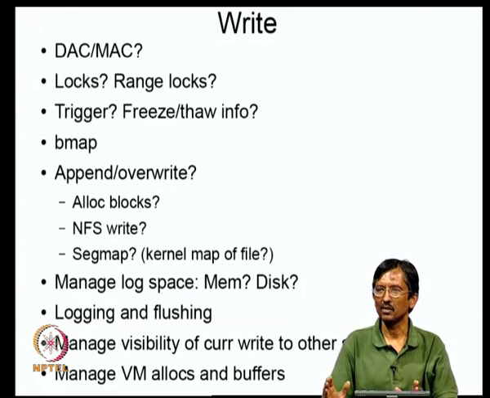Now you can write to that hole, which means there is no block there, so you have to allocate a block. So in overwrite it can turn out that you might have to allocate blocks. That means that as a part of write, you could be talking to various block allocation routines, and you will also be updating the number of freely available blocks and other kinds of things.